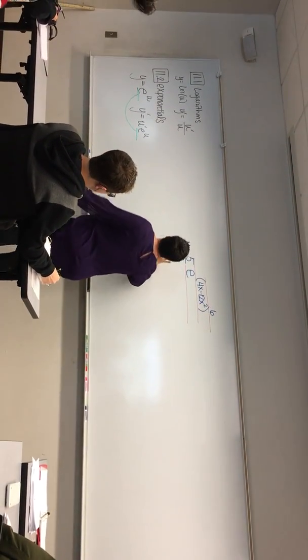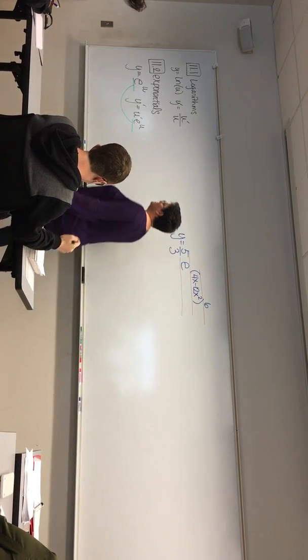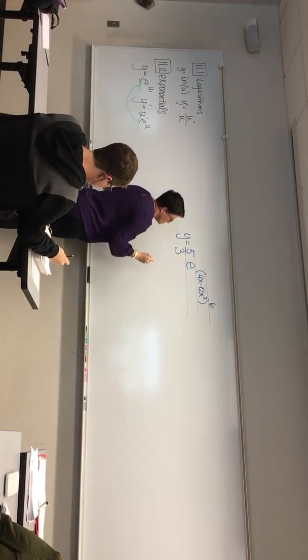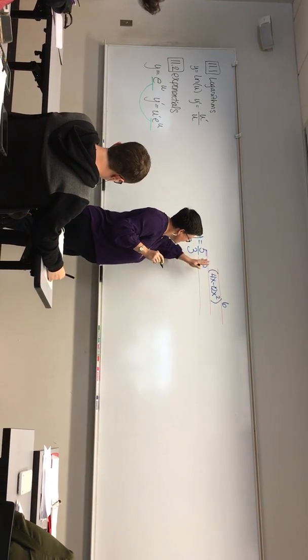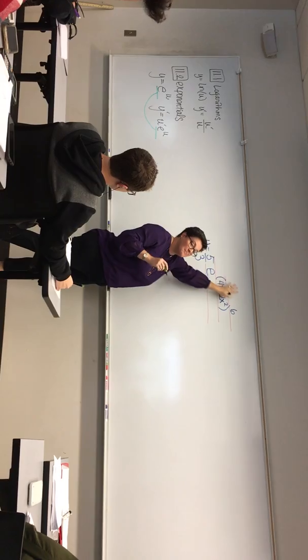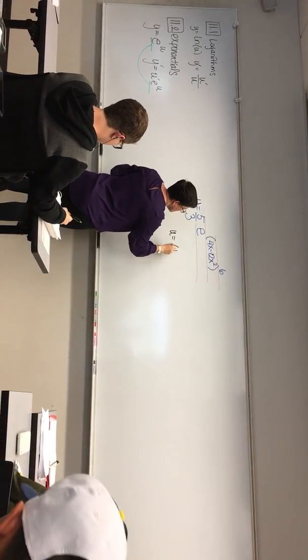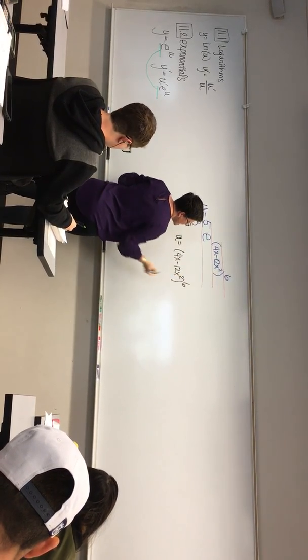This is essentially a constant coefficient times e to some junk. What's my junk? 4x minus 12x squared to the 6th. Your u in this case is your entire exponent, everything above your e. You guys with me? U is 4x minus 12x squared to the 6th power.